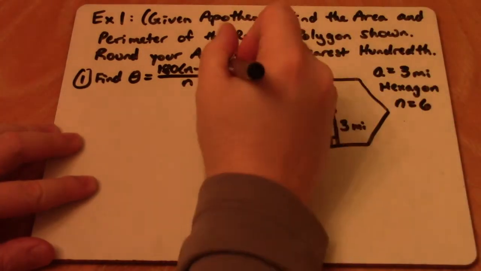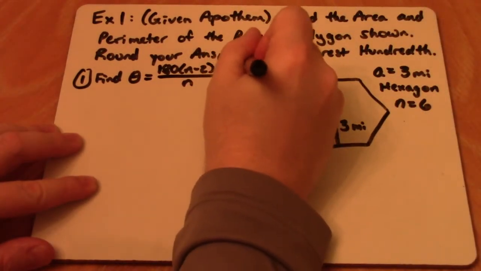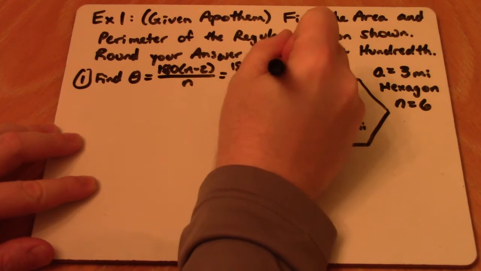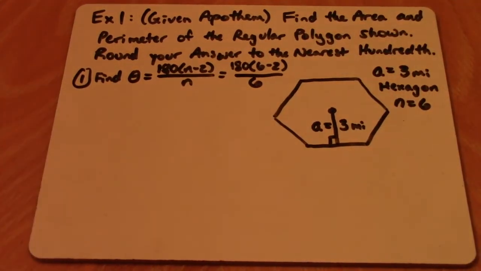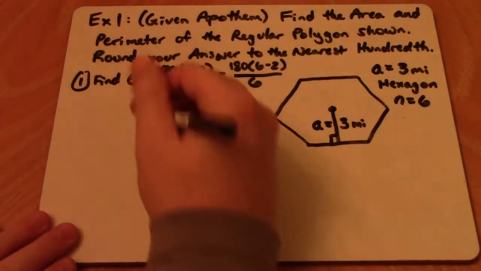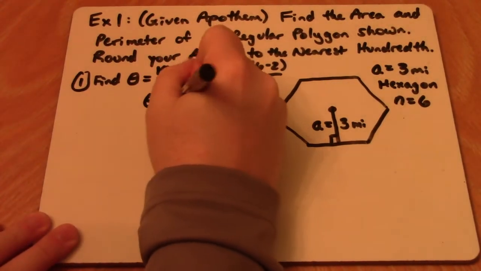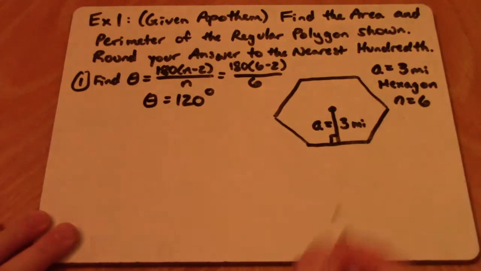So for this example, that would be 180 times 6 minus 2 divided by 6. And we would feed that to our calculator. So we go in here and we do 180 times 6 minus 2 divided by 6. And that tells us that theta is 120 degrees.